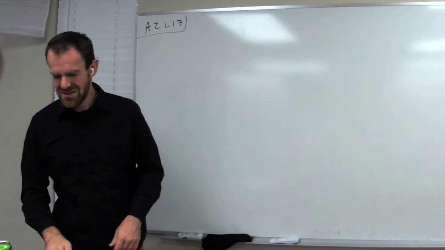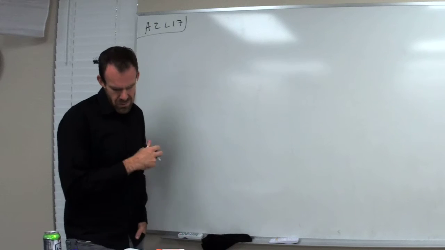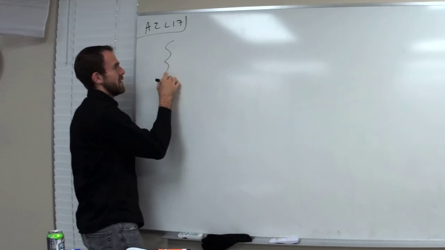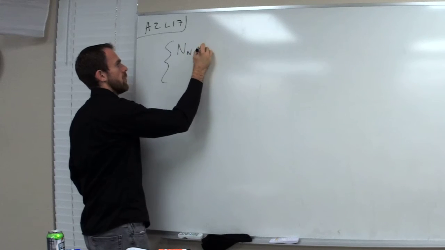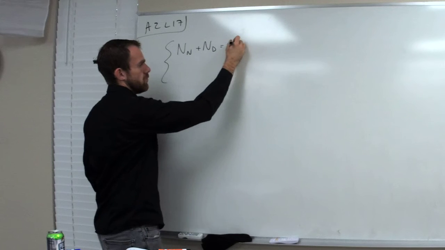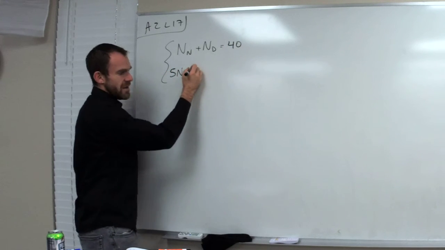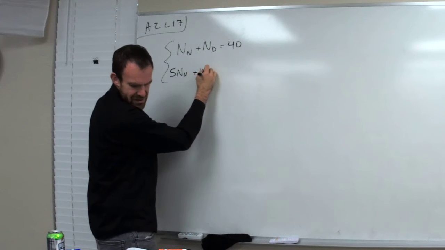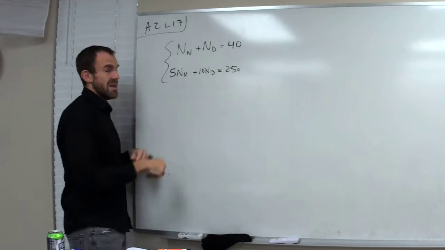So now that I have my settings correct, let's get started. In your problems, you're going to see something like this. Now, this is normally not a problem for students, but sometimes they get thrown off because there's two letters here.